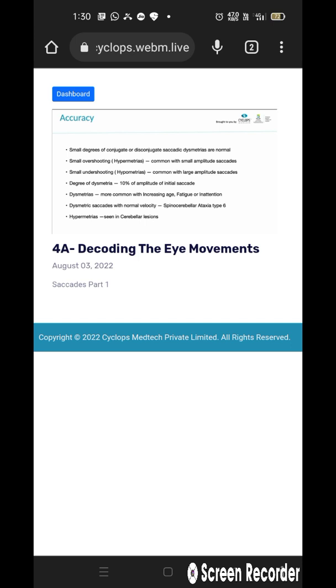But it is more prominent with increasing age, fatigue and inattention. So while performing saccades, you need to ask the patient to pay attention, because if the patient is inattentive while you are performing saccades, dysmetrias could happen.